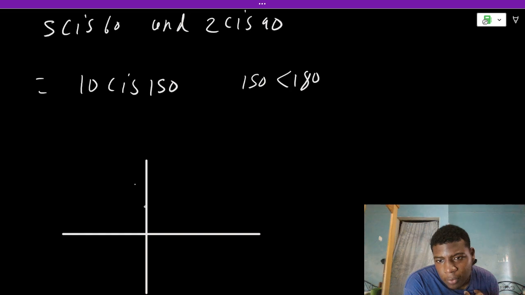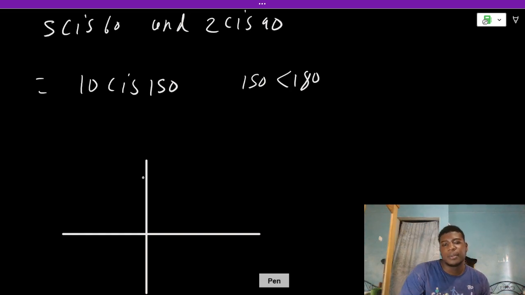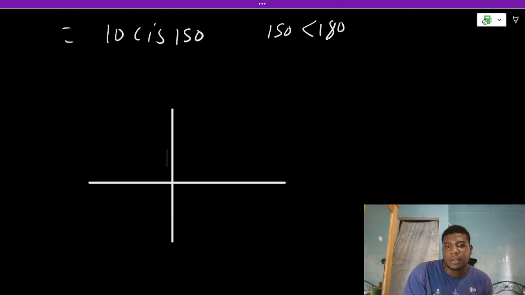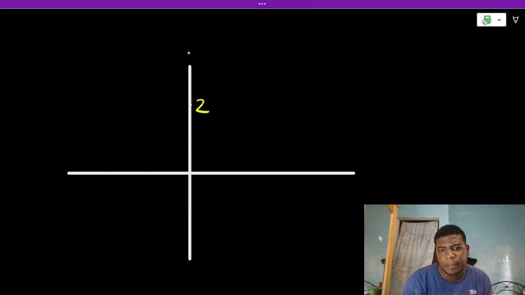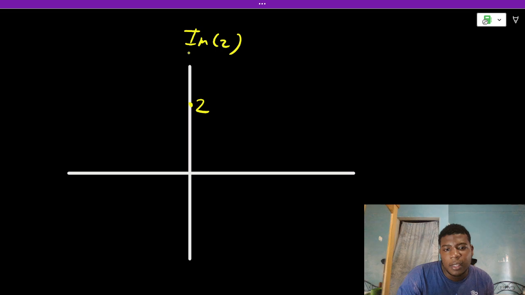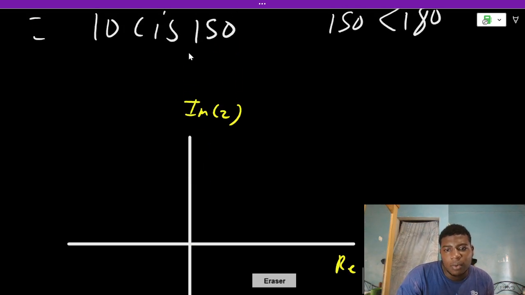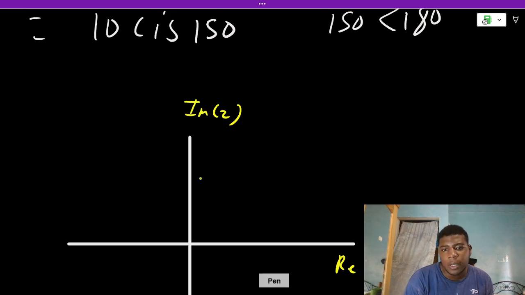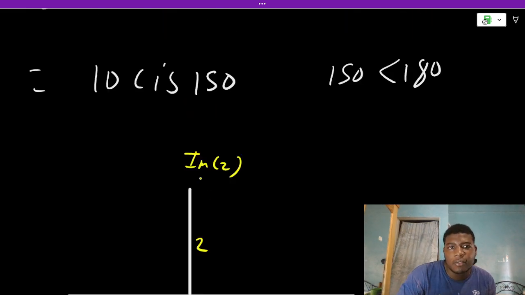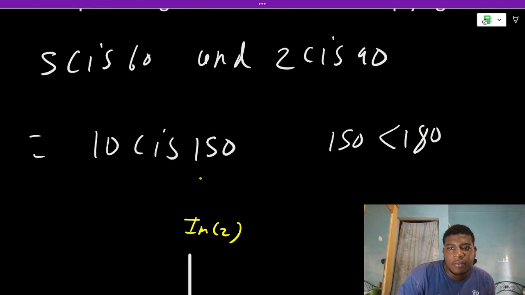So we have one of our points here. Let me zoom in. So one of our points is here, a bit lower. Good. And the next one was 5 cis 60.